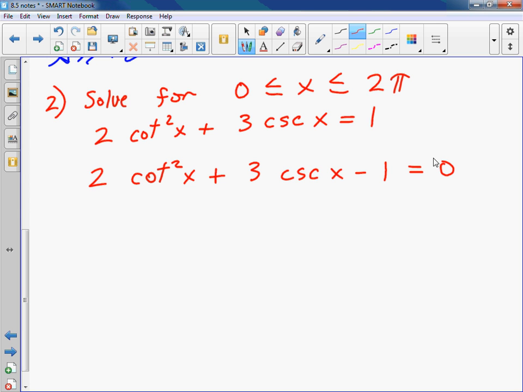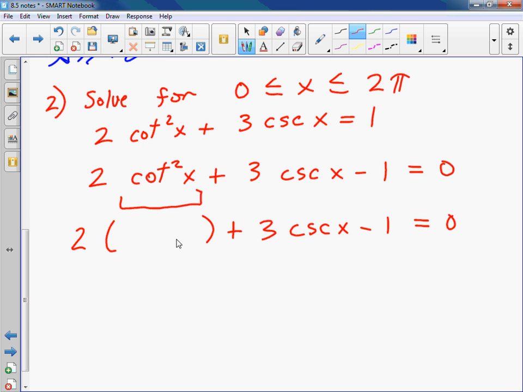So we want to say that this right here, 2 times something plus 3 cosecant x minus 1 equals 0. And this something, cotangent squared x, has fallen out of favor. And the new popular kid in town is cosecant squared x.